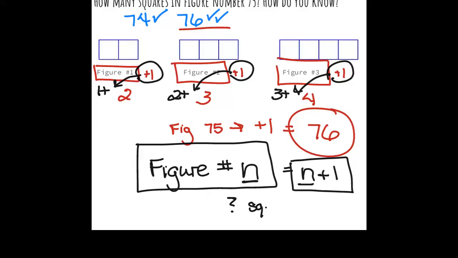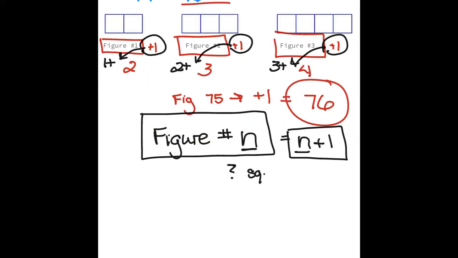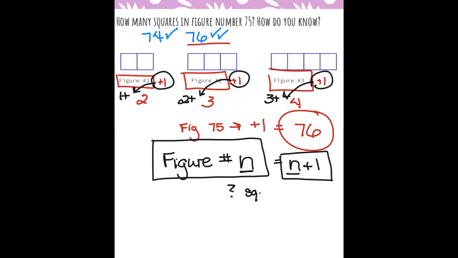Did that blow your mind a little bit? Does it make sense now, though? Kind of, sort of. Yeah, whatever n is going to be, it's always going to be just one more. Yes? So if for all of these figures they were adding 2 boxes, would it be n plus 2? Yes. Excellent. So then your picture would be a little different.